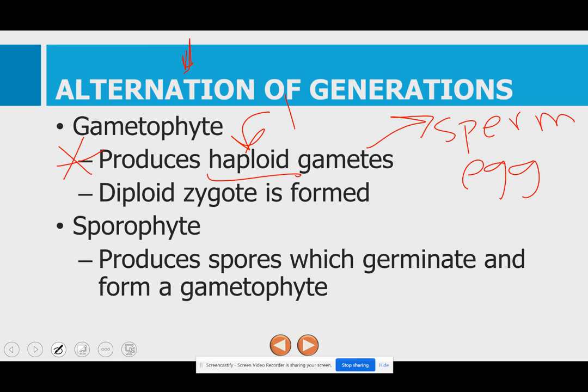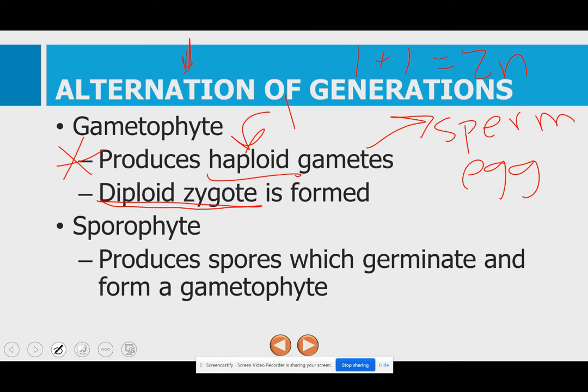So we have these haploid gametes. They only have one set of chromosomes. That way, when you have sperm fertilizing egg, you end up with what we call a diploid zygote. And you need to know that. A diploid zygote is what happens when two haploid gametes combine. That's fertilization.